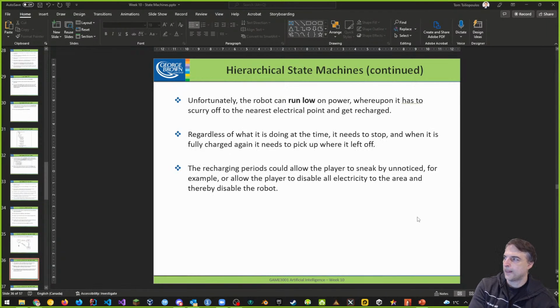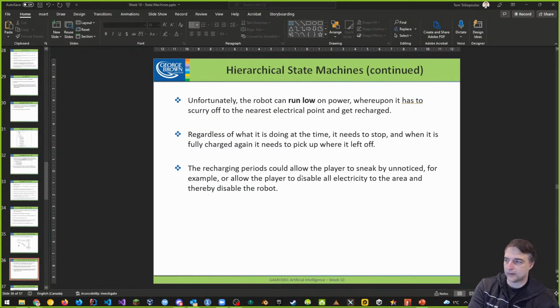But what happens if the robot runs low on power, which is an alarm state? We talked about alarm states being things that can kick a regular state machine out of normal operation. Regardless of what it's doing, no matter what state it's in, we should be able to transition it from its current state to low power, I need to recharge.